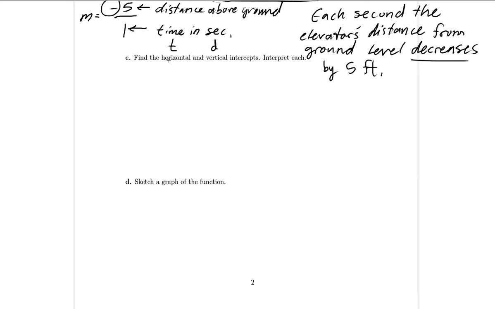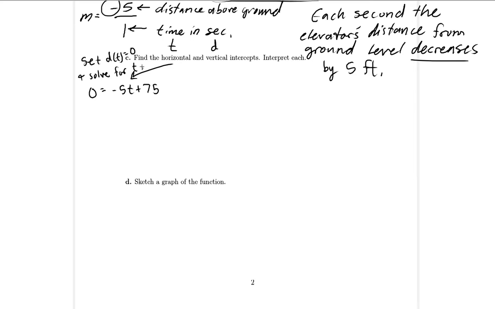So remember, when you want your horizontal intercept, you are going to set the y, or in this case the distance, equal to 0 and solve for t. All right, set d of t equal to 0 and solve for t.